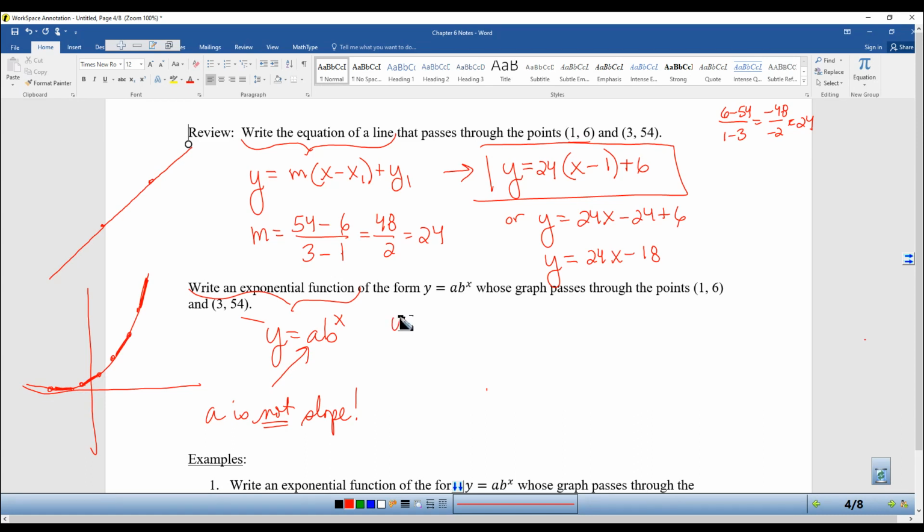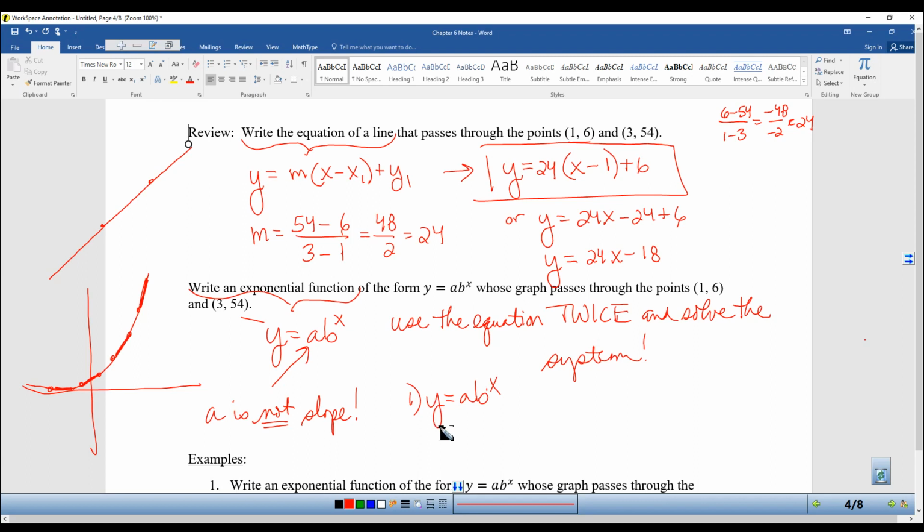Instead, you're going to use the equation twice and solve the system. So first one, y is equal to ab to the x is going to become, I'm going to put in this 1, 6. 6 is equal to ab to the 1.